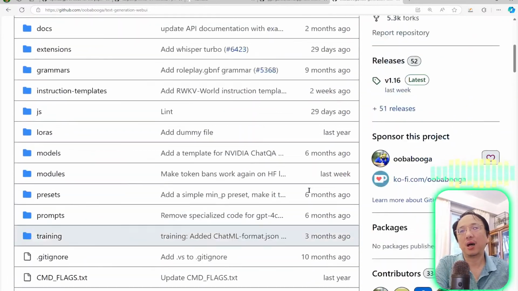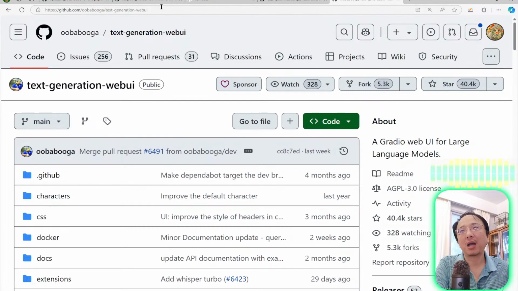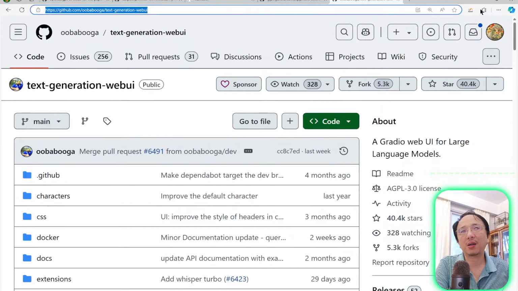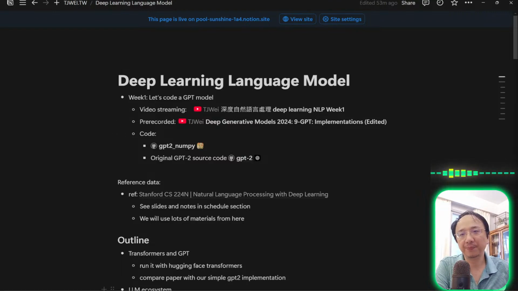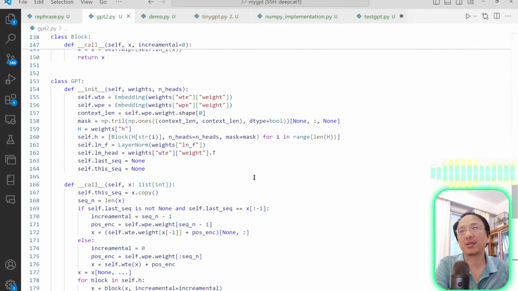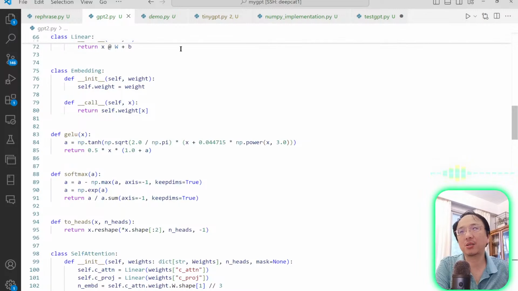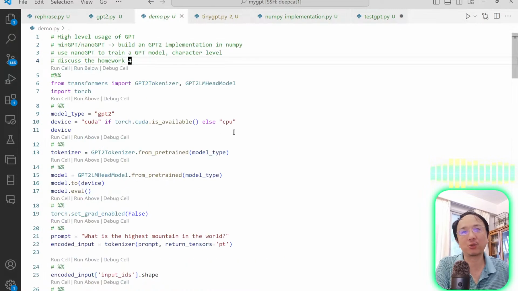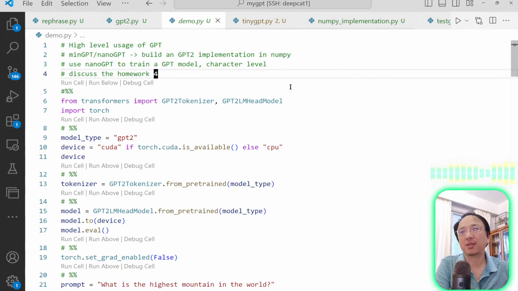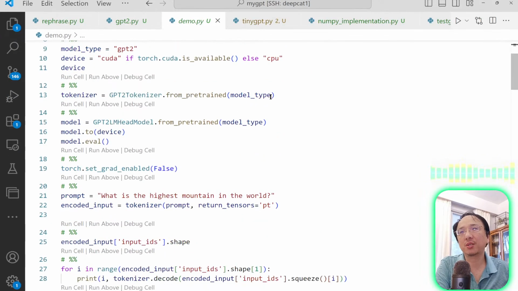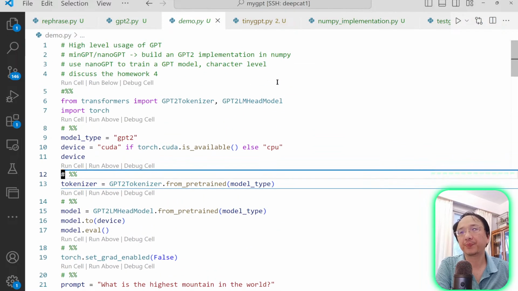Okay, so let's go to the Hugging Face transformers. First, let's see the code here. This is a simple code that shows how to use the Hugging Face transformers. I probably should use it in a notebook style, but okay, let me do it in this way.